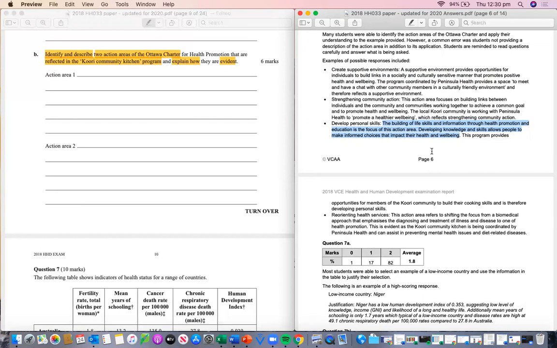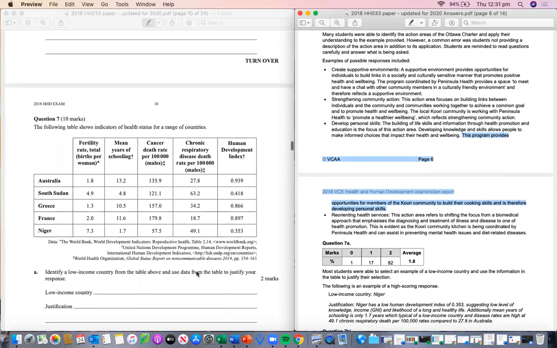The key thing that links it is how it can impact health and wellbeing. You can summarize that as much as you want, but again, it's entirely up to you. This program provides opportunities for members of the Koori community to build their cooking skills and is therefore developing personal skills. So again, the second link goes back to it. For 3. So that's how you would get 6 marks.